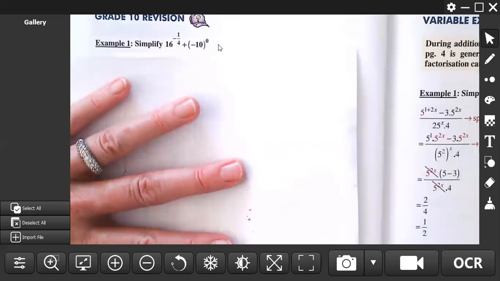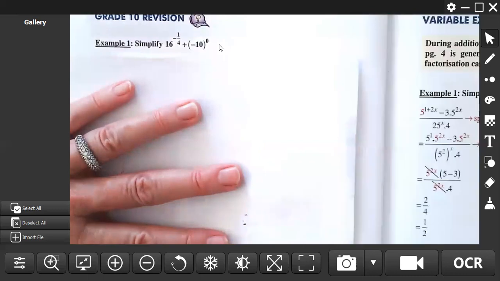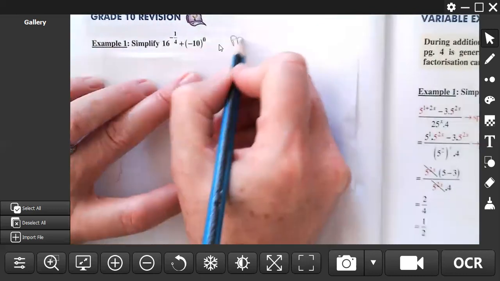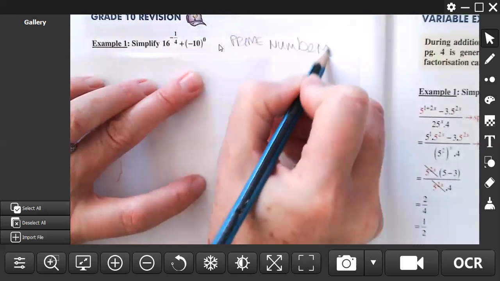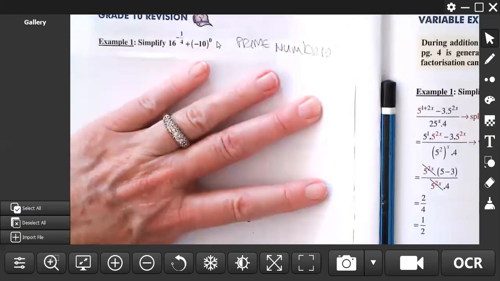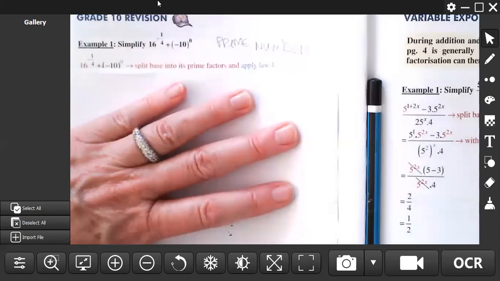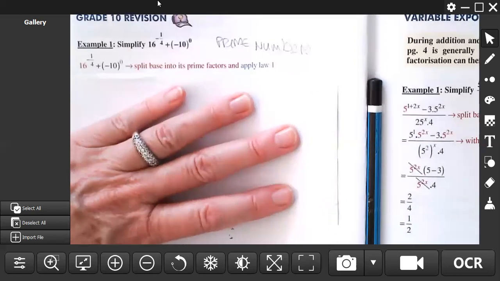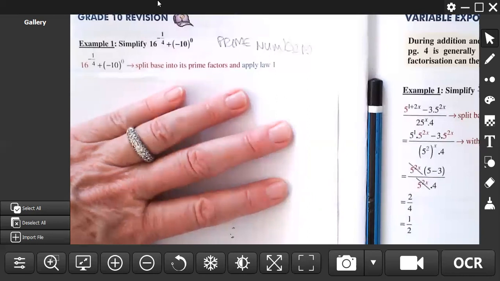Firstly, when you are simplifying exponents, your first thought must be prime numbers. So what we do is we take 16.